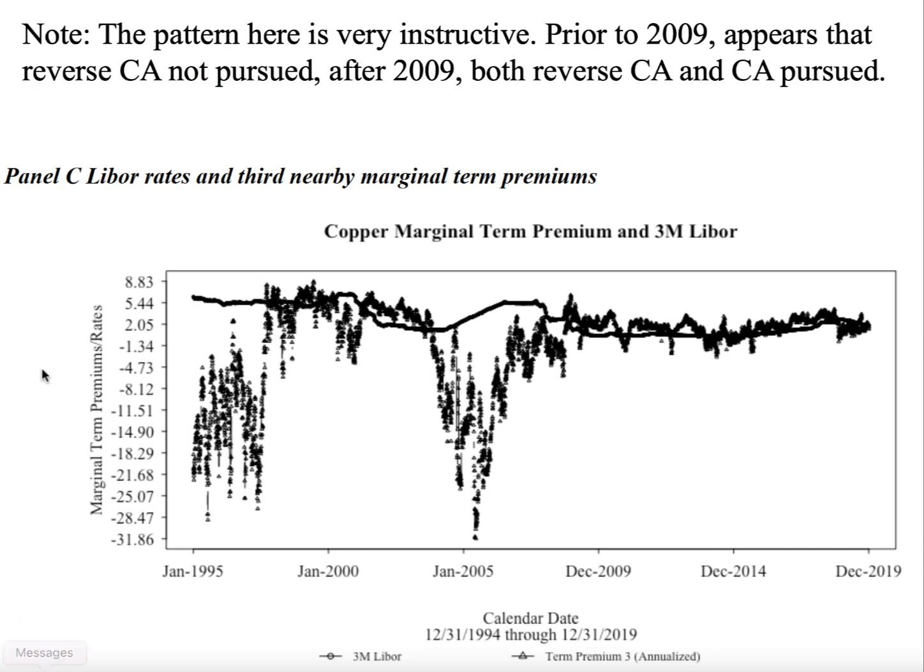When we look at the marginal term premium, we let the axis be much more negative and widen the range. What we observe here is the apparent lack of reverse carry arbitrage in these two windows of time.